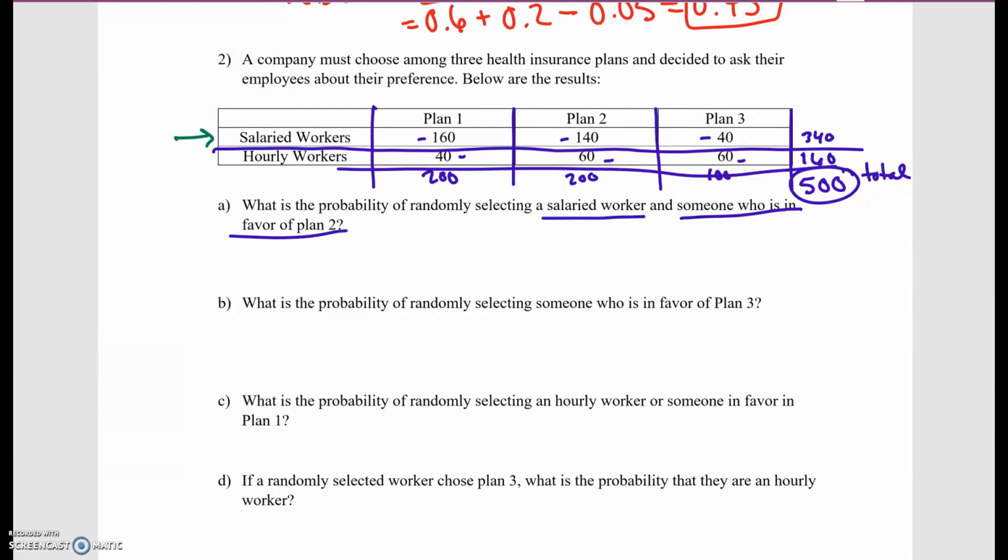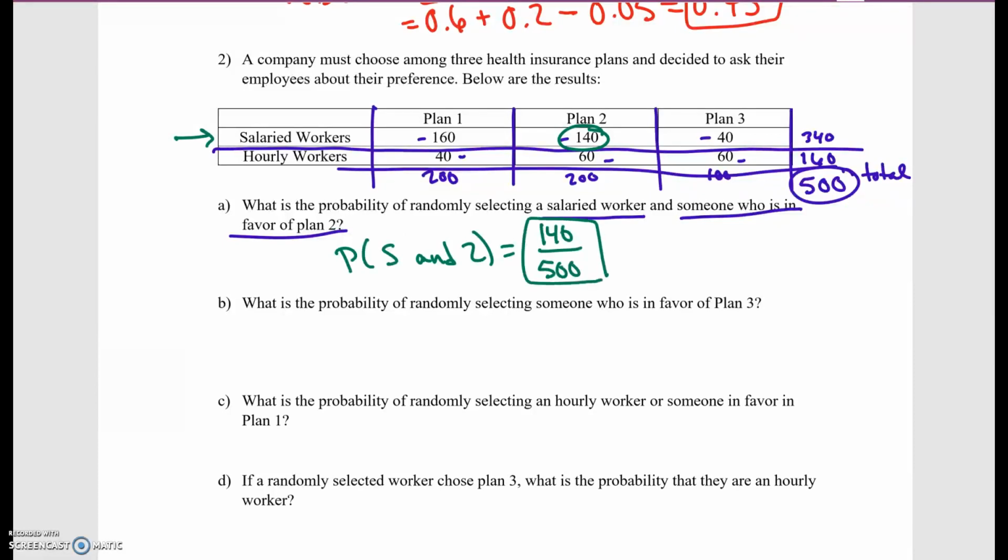Now, of those people who are salaried workers, we are looking for someone who is in favor of plan 2. So we have 140 people who are salaried workers and are in favor of plan 2. So the probability of salaried and plan 2 is going to be equal to 140 out of the total 500.